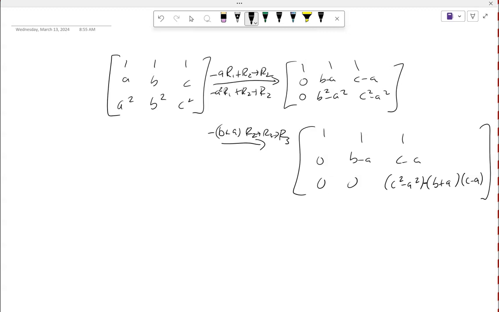So when we take the determinant of this matrix, I just multiply down the diagonal, so I'd have b minus a times the c squared minus a squared minus b plus a times c minus a. Right? Then I can probably make this a little bit nicer, hopefully.